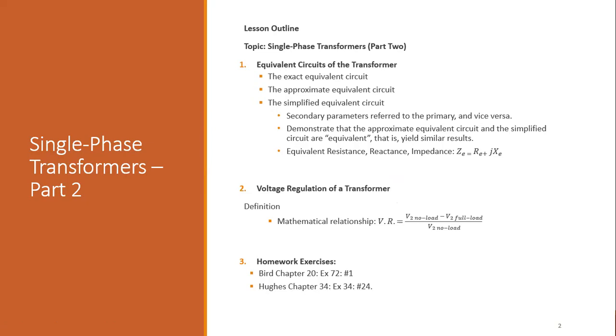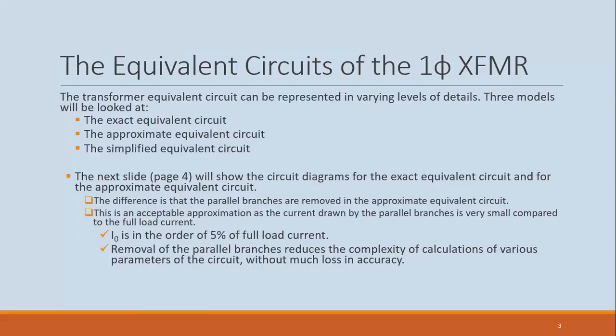All right, so we start out with all the words. As I said just a while ago, we can model the transformer by using equivalent circuit or schematic circuit diagrams.